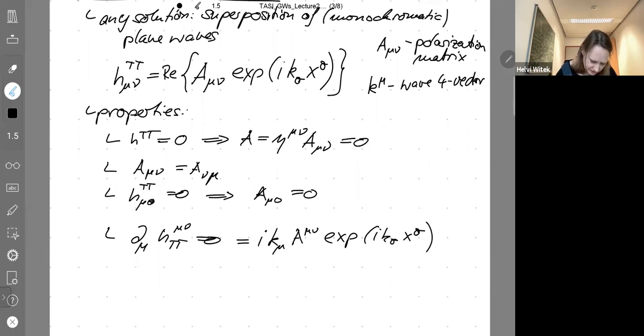So you see that the polarization matrix is orthogonal to the wave vector, or in other words, our wave vector itself is orthogonal to our metric perturbation.